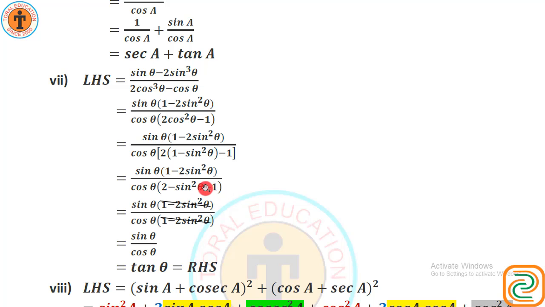So 2 minus 1 is 1. The numerator is same in all the terms. Look at here, 1 minus 2 sin square theta, 1 minus 2 sin square theta cut off. So we have sin theta upon cos theta. Sin theta upon cos theta is tan theta. This is RHS.